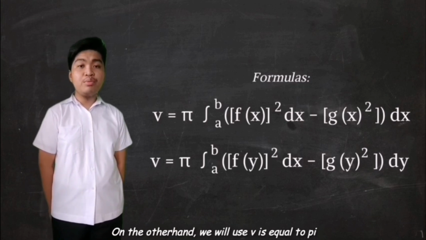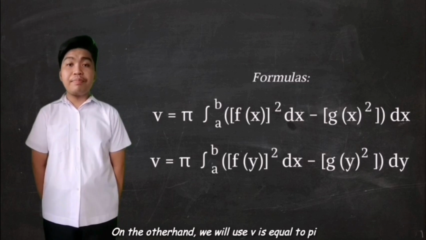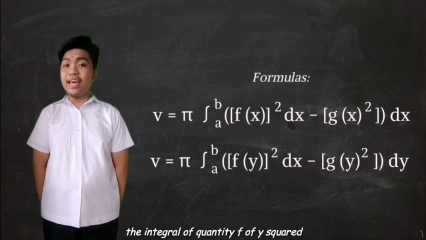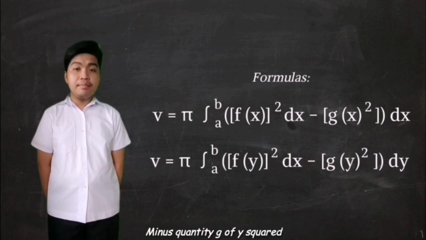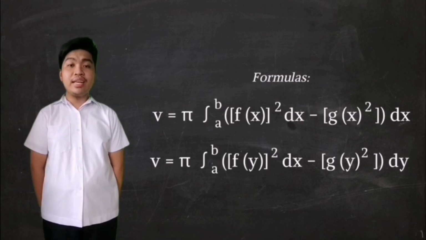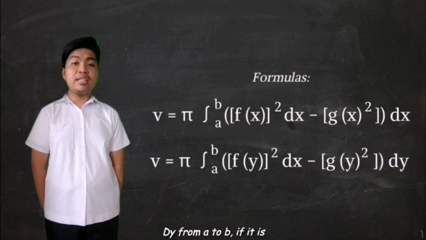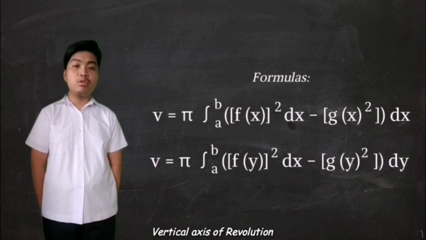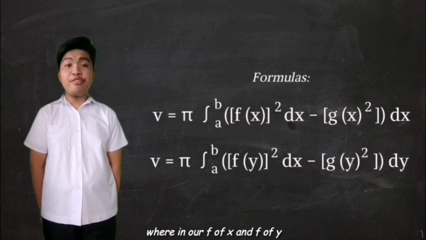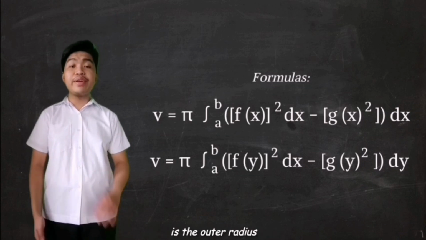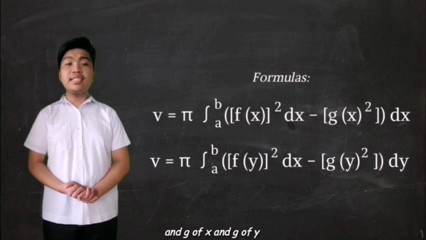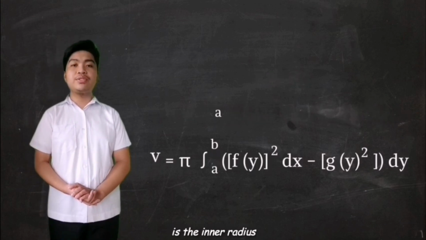On the other hand, we will use V is equal to pi times the integral of the quantity f of y squared minus the quantity g of y squared dy from a to b if it is vertical axis of revolution, wherein our f of x and f of y is the outer radius and g of x and g of y is the inner radius.